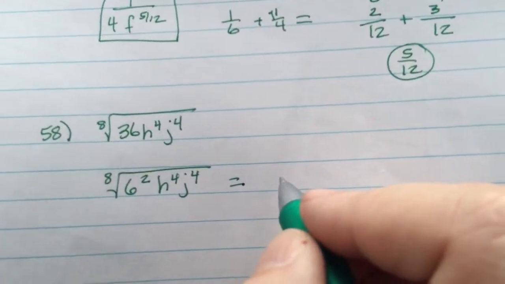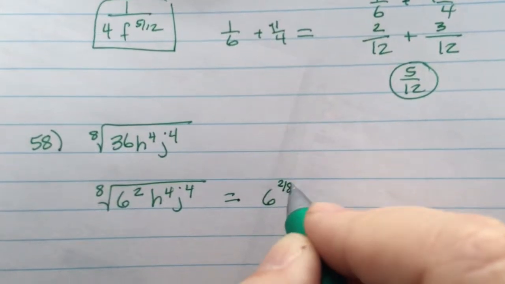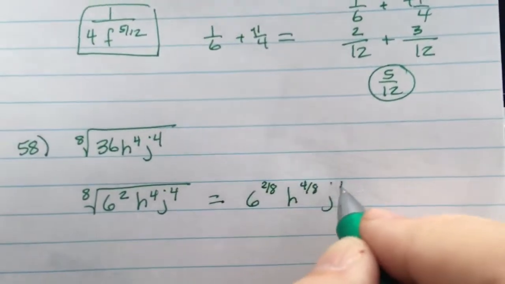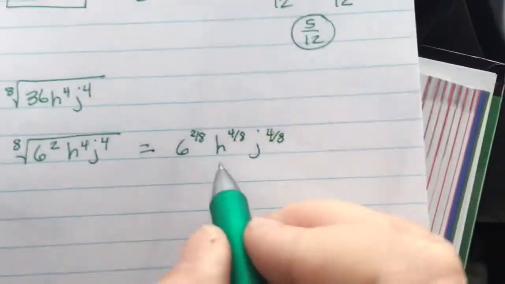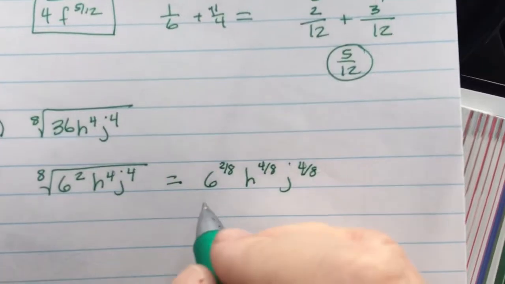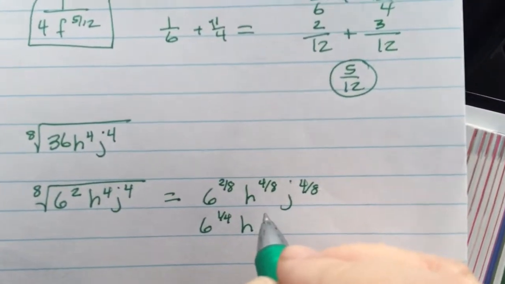So that's 6 to the 2/8, h to the 4/8, j to the 4/8. I converted it to a rational exponent, and now the something I'm going to do is reduce them all. It's not much, but it's something.